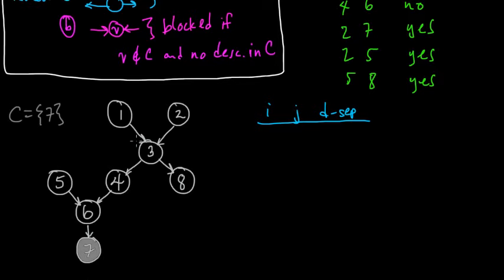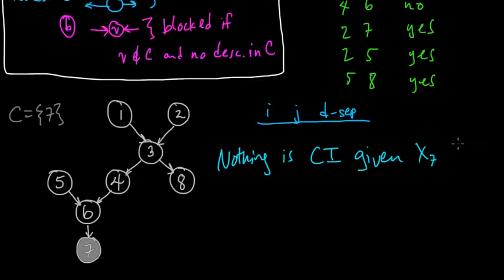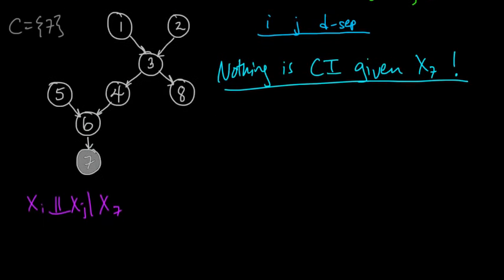So nothing is conditionally independent given 7, or I guess given x7 to be precise. No pair is conditionally independent, and we could just immediately read that off. Well, that was cool.